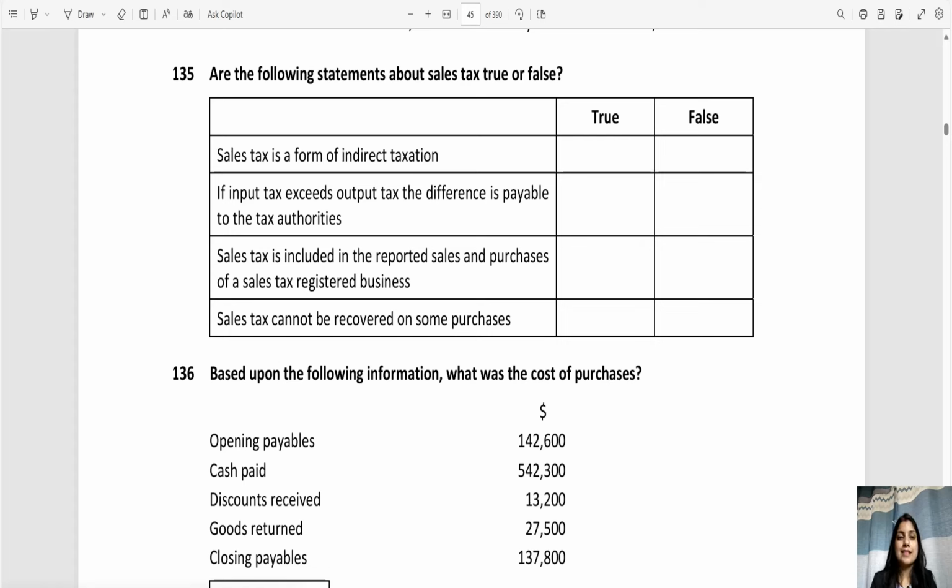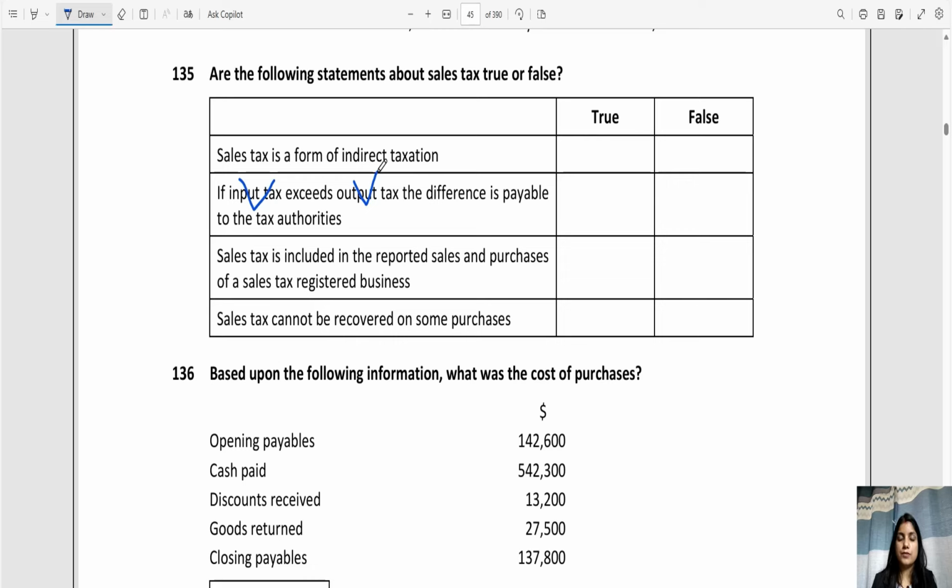Now the second statement says if input tax exceeds output tax, the difference is payable to the tax authority. See what I say. The input tax means the tax that you pay on the purchase of goods. It's purchase tax, purchase VAT, and output tax is the tax that you charge to customers at the time of selling the goods.